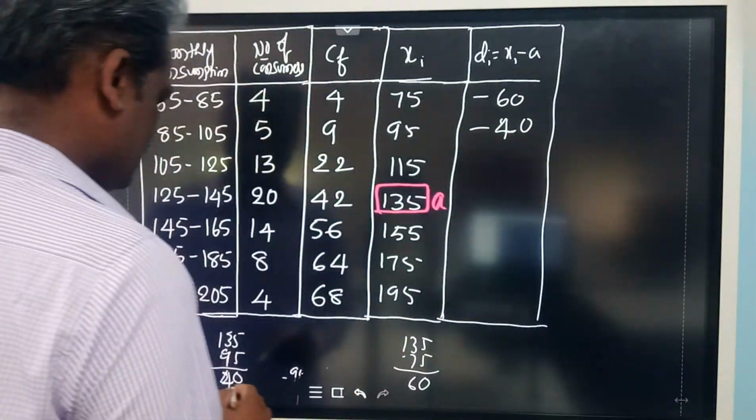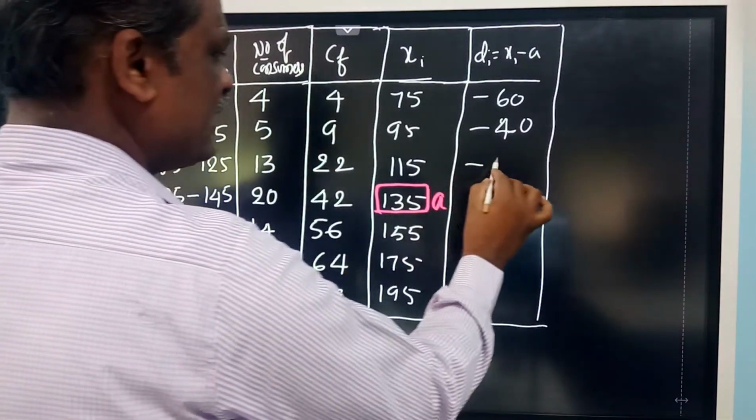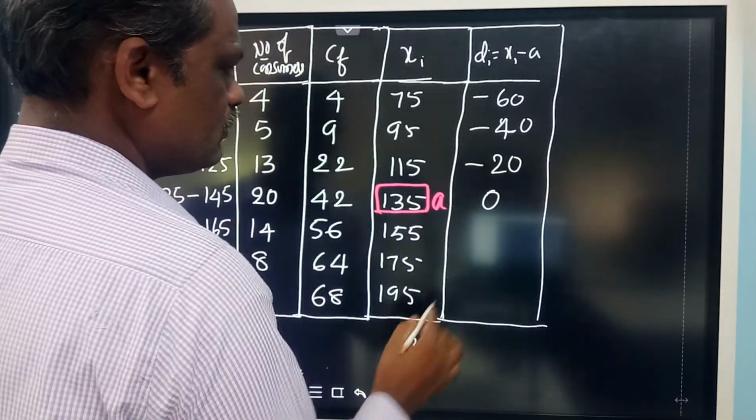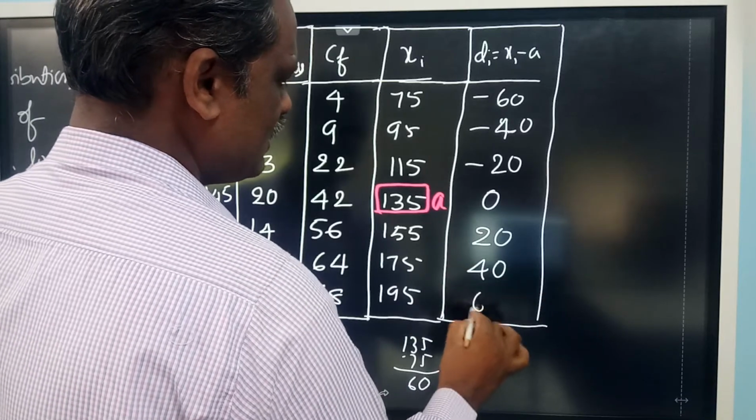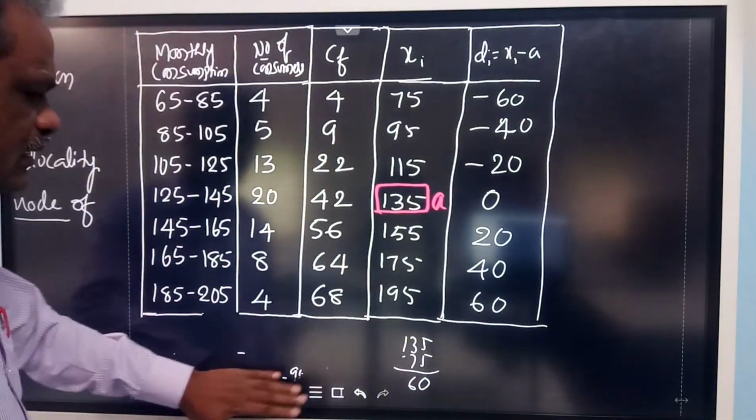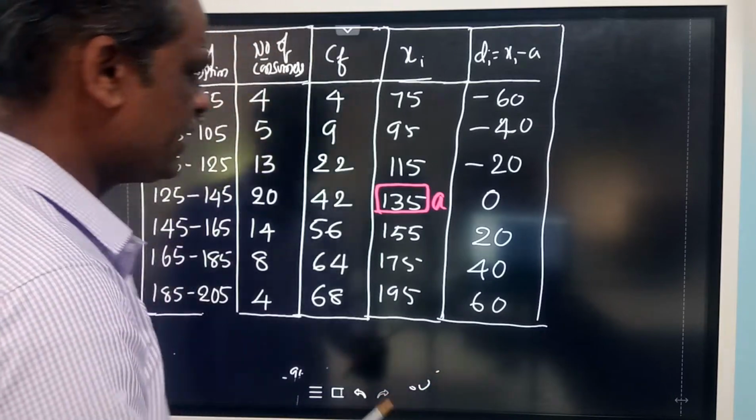Then 115 minus 135 is minus 20. Then 0. Then it will be plus 20, plus 40, plus 60. So these are the deviations we can subtract here.